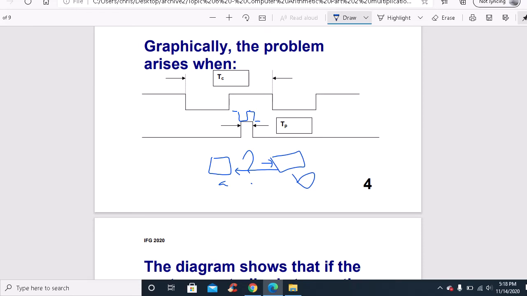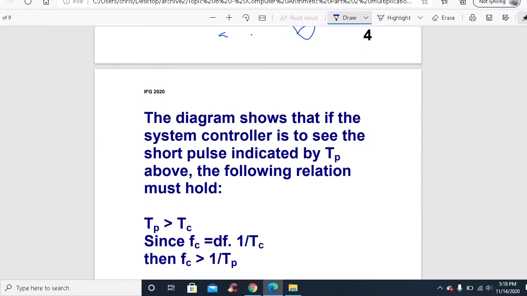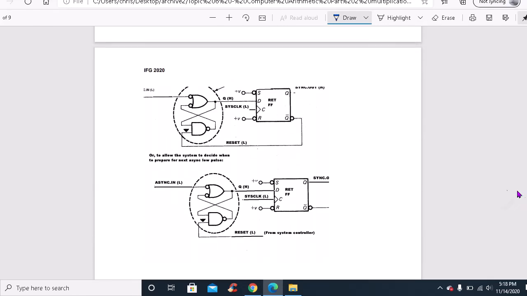And finally, sometimes it's not possible to get this kind of solution where you can arbitrarily increase the frequency of a system clock. Sometimes there's all sorts of technological problems preventing that. But there's a solution to that.